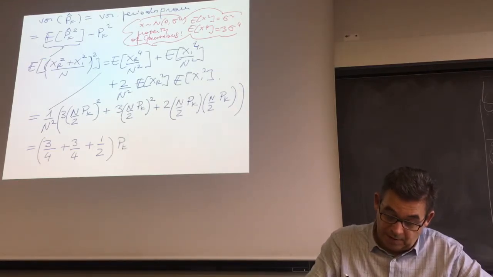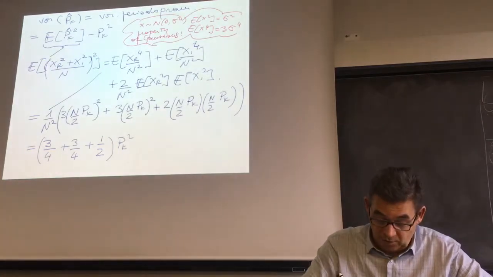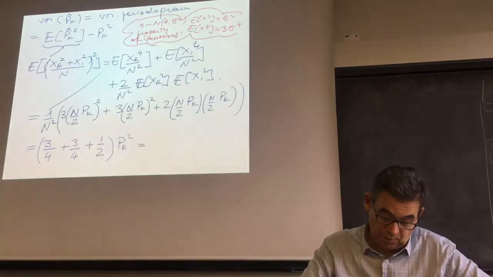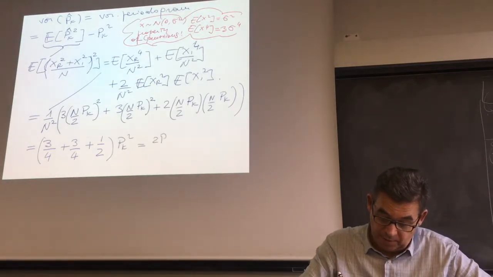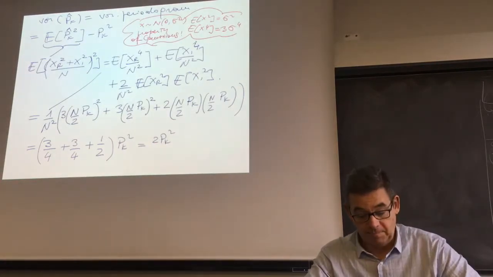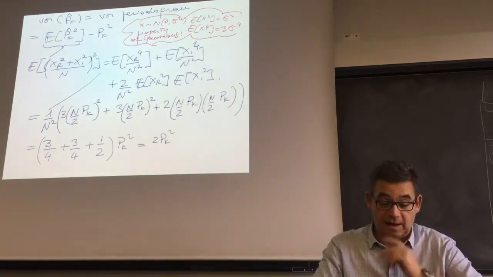Multiplied by pk squared. So this is 3/4 plus 1/2, which is 3/4... yeah, it is 2 times pk squared. Okay. Now, what is the variance?